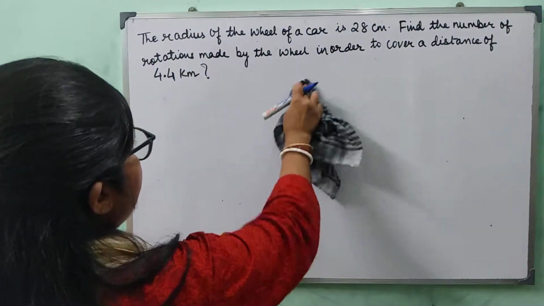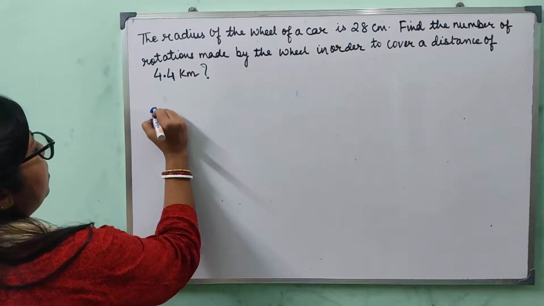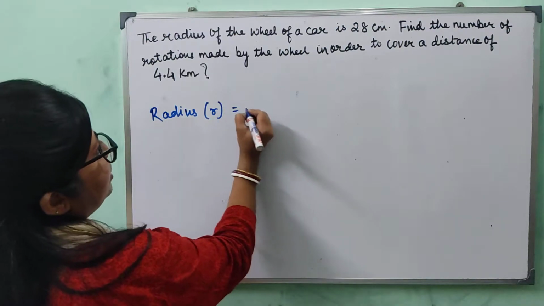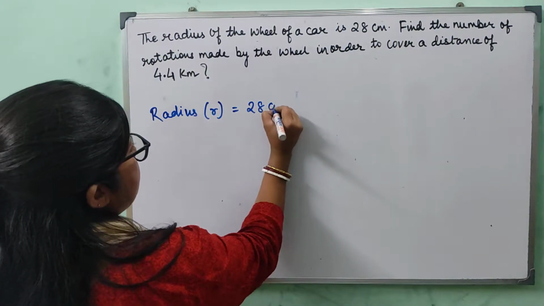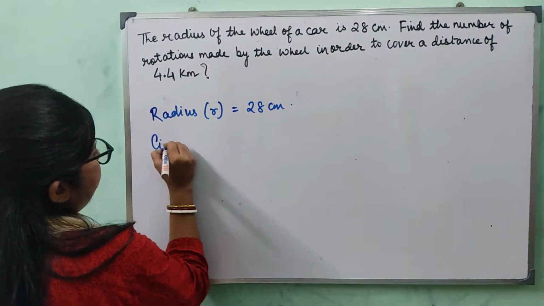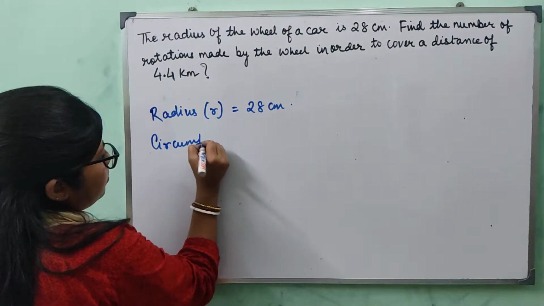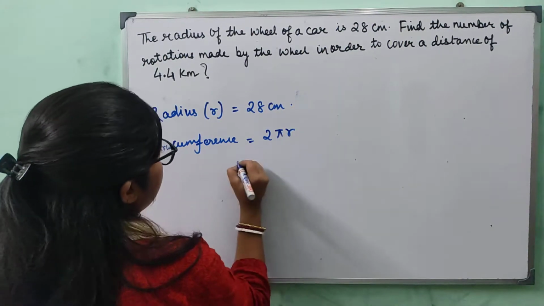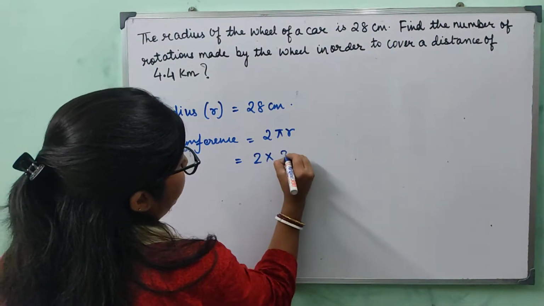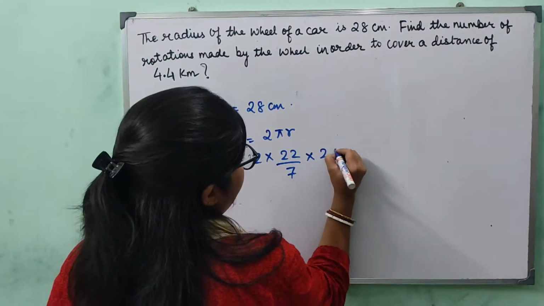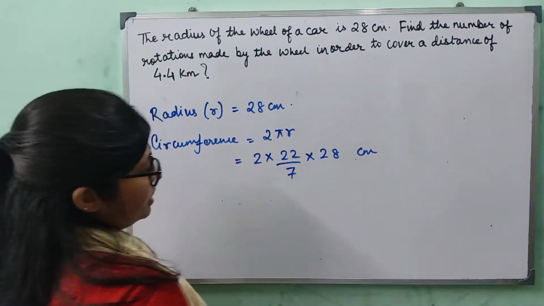Alright, so here in this sum, the radius r is 28 centimeter. This is the radius of the wheel. So what will be the circumference? It is equal to 2 pi r, that is 2 into 22 by 7, that is the value of pi, into r, which is 28 centimeter.